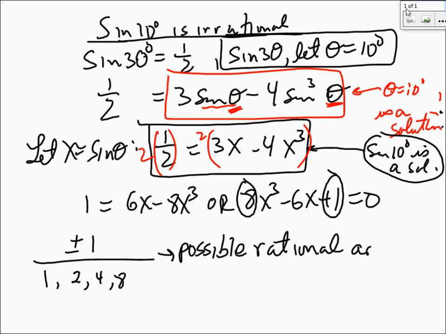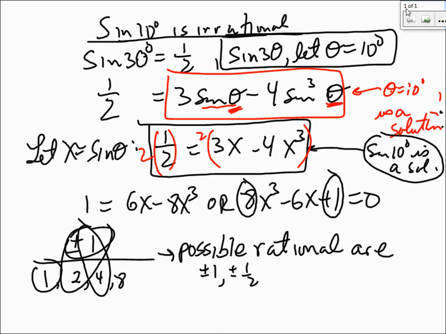Possible rational roots are plus minus 1, plus minus a half, plus minus a quarter, and finally plus minus 1/8.